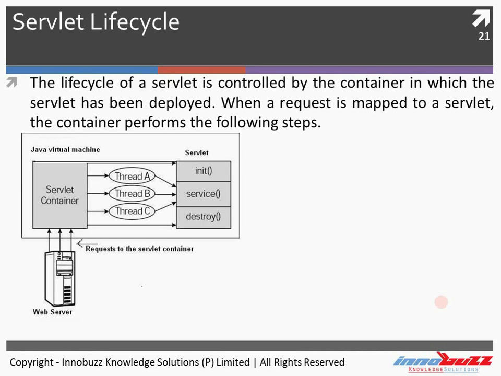If an instance of the servlet does not exist, then the web container loads the servlet class, creates an instance of the servlet class, and initializes the servlet instance by calling the init method. The init method is the first lifecycle method in servlet, which is used to initialize the servlet instances. The init method is designed to be called only once in the lifetime of the servlet.